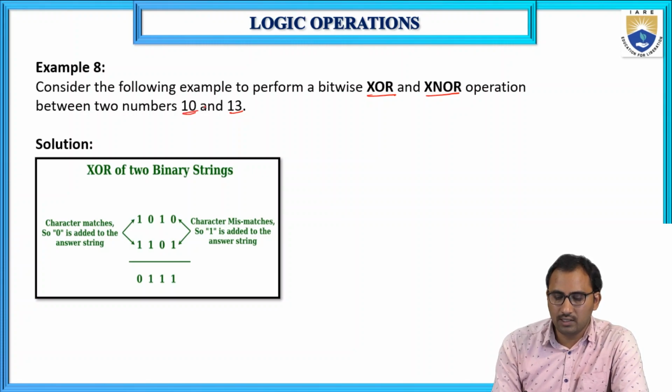First, 10. How can we convert this 10 into binary? The equivalent binary of 10 is 1010. This is the binary equivalent of decimal 10.